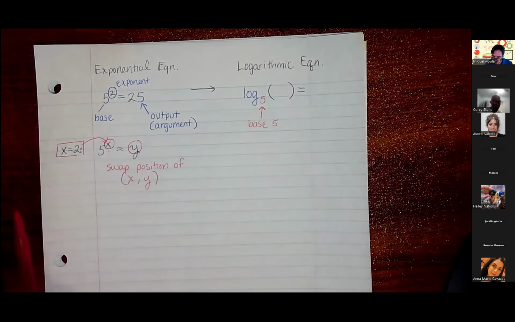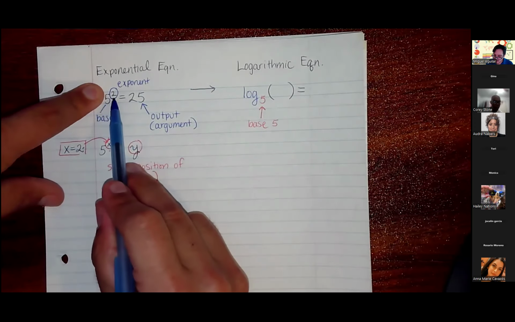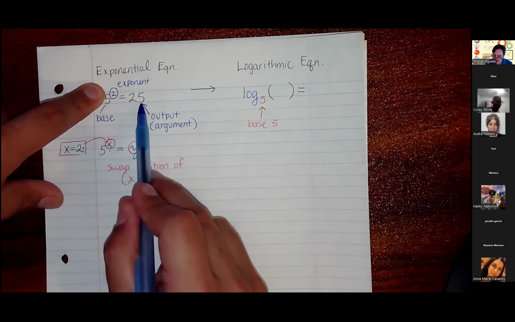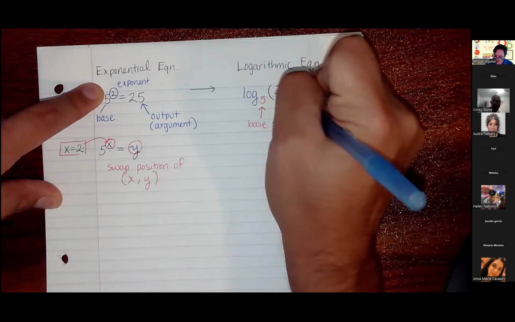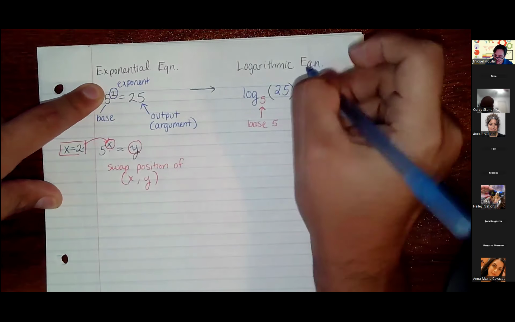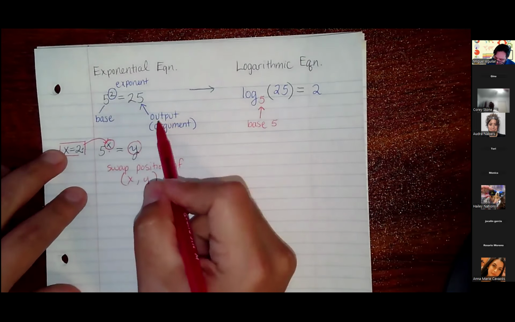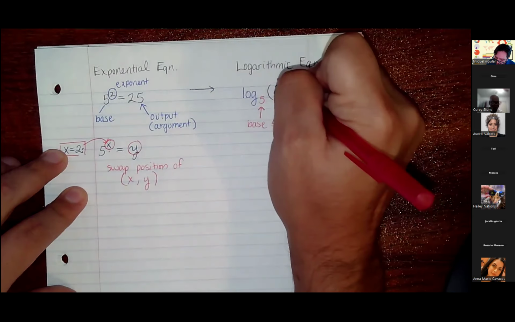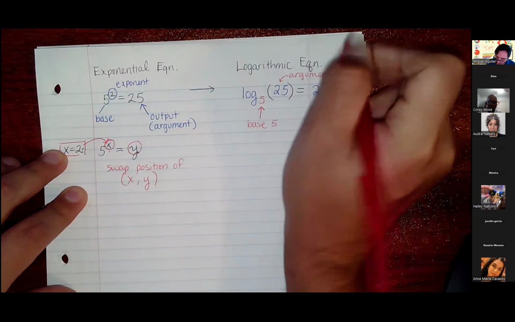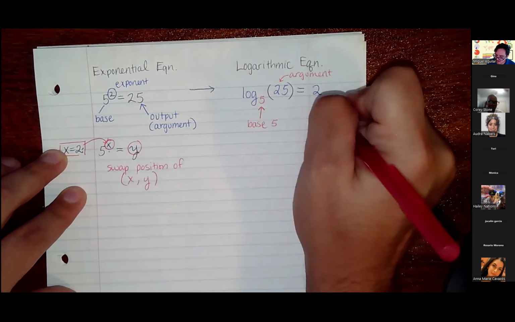Over here in the world of logarithms, we're going to write this as if this exponent of 2 was our x value, and this 25 is our y value. I'm going to put the 25 inside of the log function, and then it's going to equal 2 over here. So the original output or argument goes inside the parentheses, and then the log function is basically spitting out the exponent.